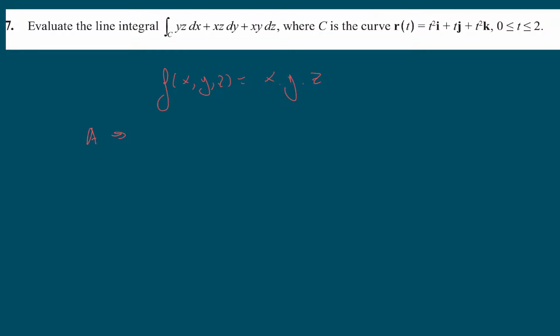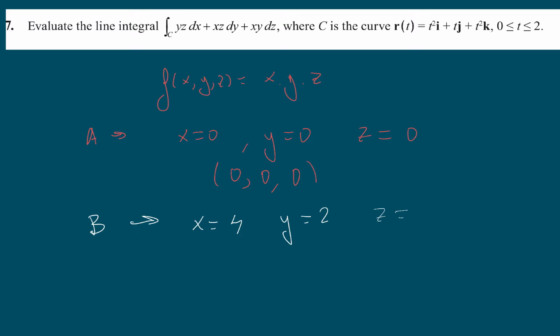The point A is when t equals 0, and when t equals 0, x is 0, y is 0, and c is 0. So the point A is (0, 0, 0). And who is the point B? The point B is when t equals 2. When t equals 2, x is 2 squared, so it's 4, y is 2, and c is 4.